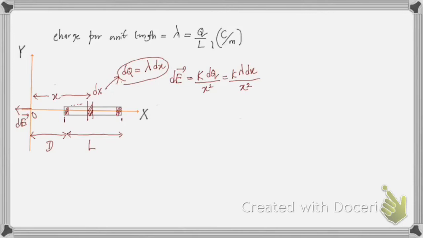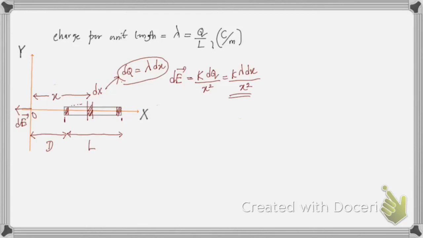Now when you go from one segment to the next segment, what is changing? If you go to this equation, k is constant, that is common for all these segments. Lambda is the charge per unit length, and that is constant, the same for all these terms. The next term is dx. What is dx? dx is the length of each segment, and that is also common for all these segments.